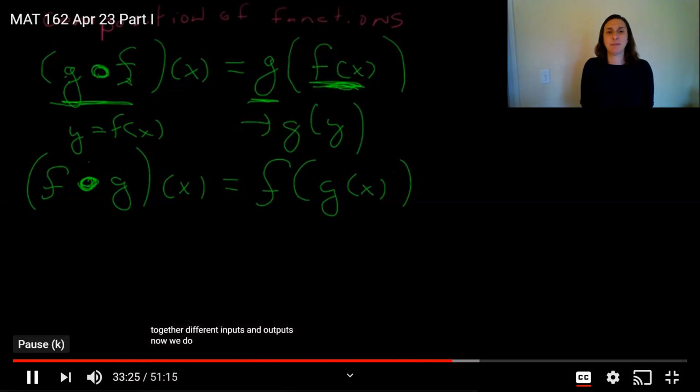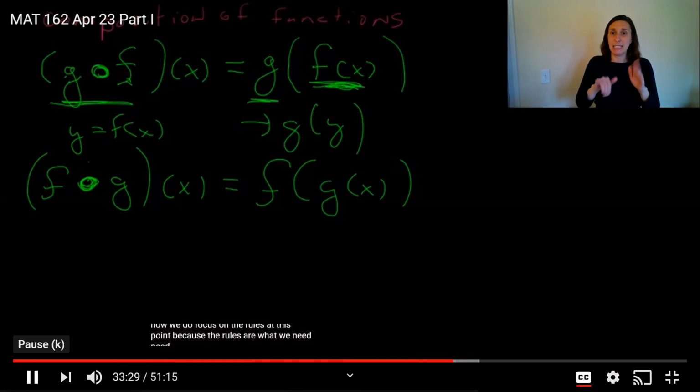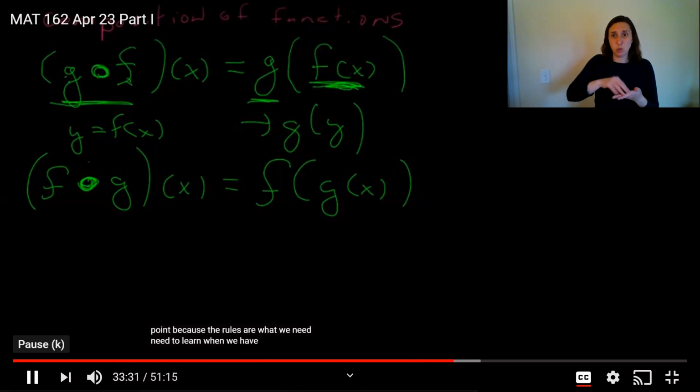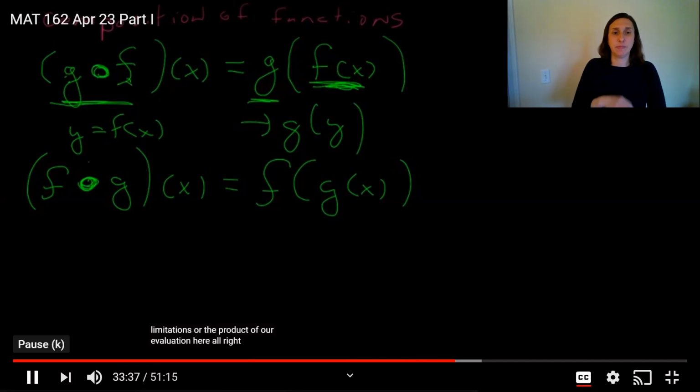Now, we do focus on the rules at this point, because the rules are what we need to learn when we have the limitations or the product of our evaluation here. All right, let's look at now mathematically how functions can work and how they work together.